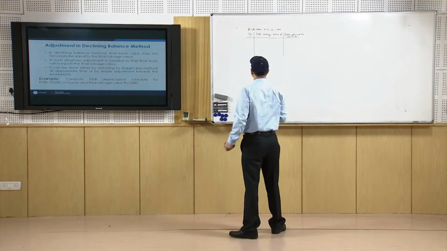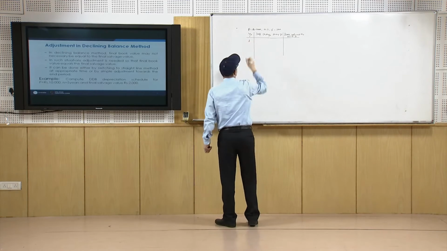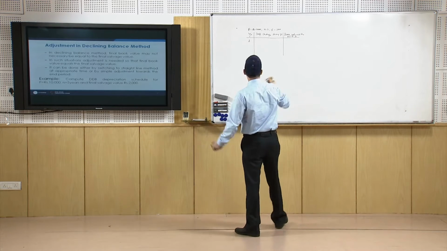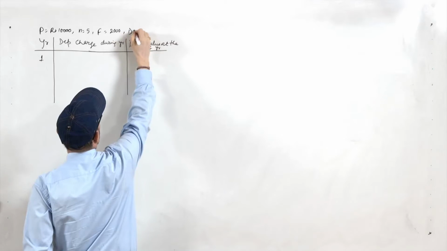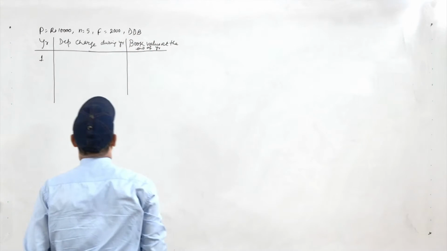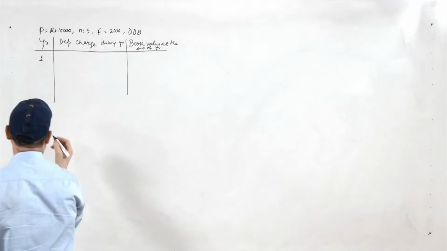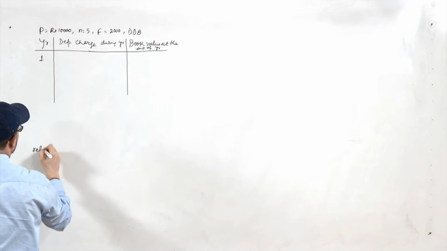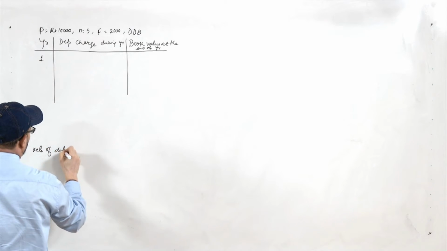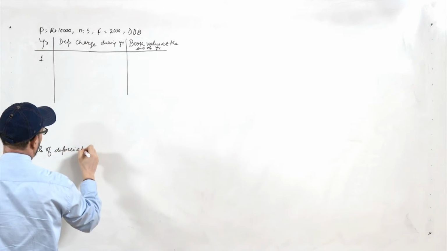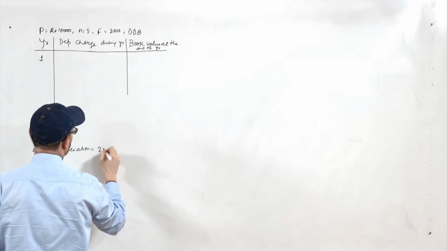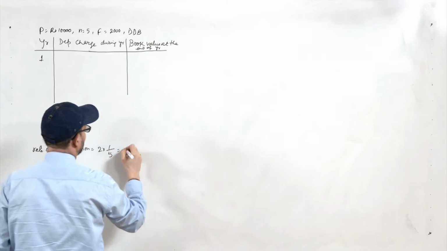So, what we see is in the first year the depreciation charge using DDB schedule. Your rate of depreciation is 2 times 1 by 5, that is 40%.